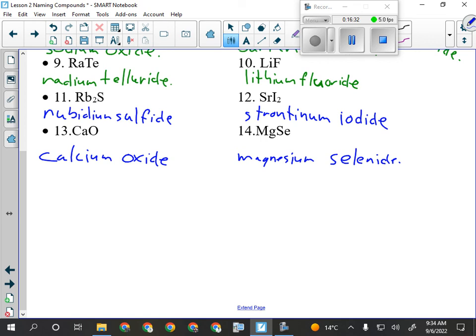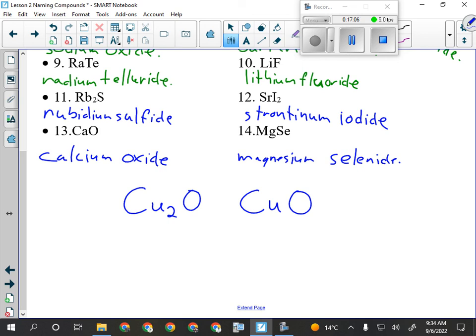All right. Let's say I've got these 2 compounds. What would I call those? Copper oxide. Are they the same? Absolutely not. Would they have different chemical and physical properties? Yes.